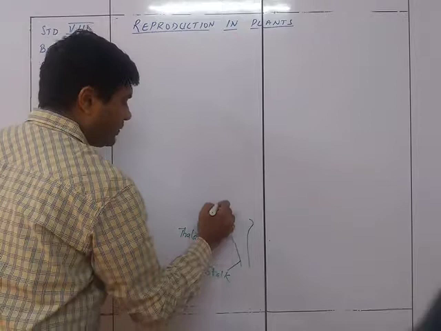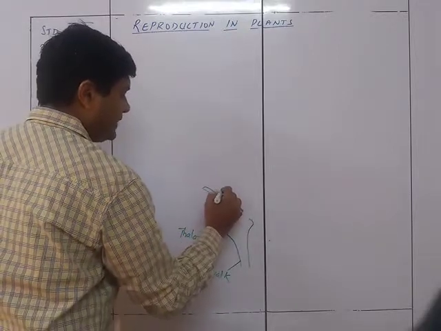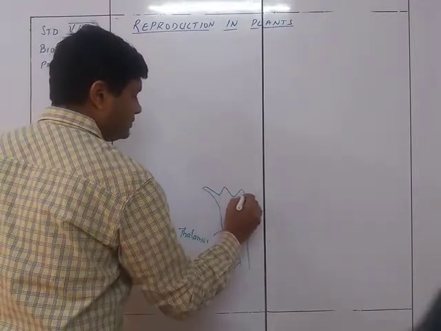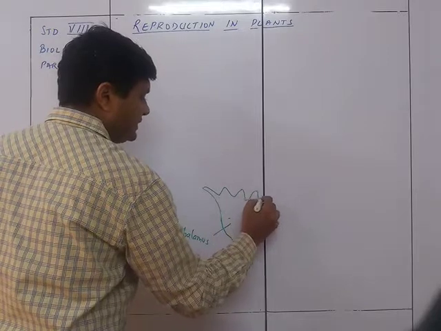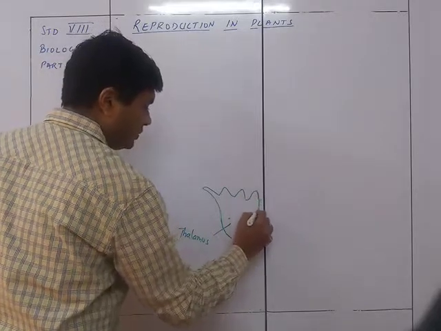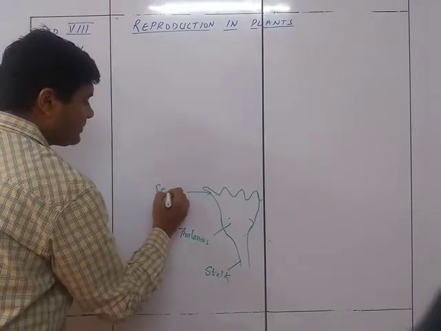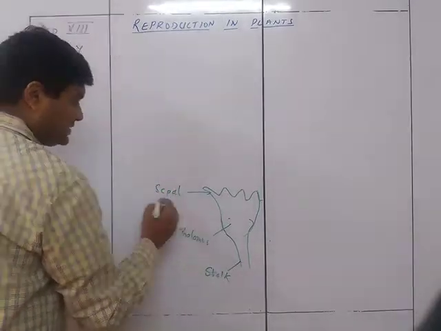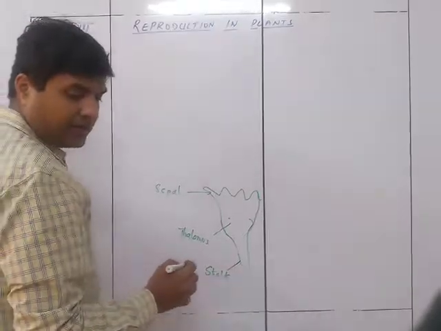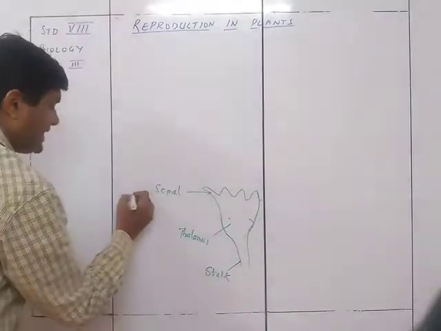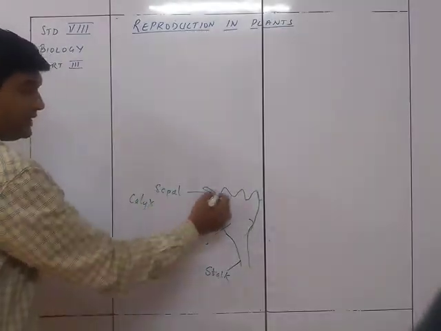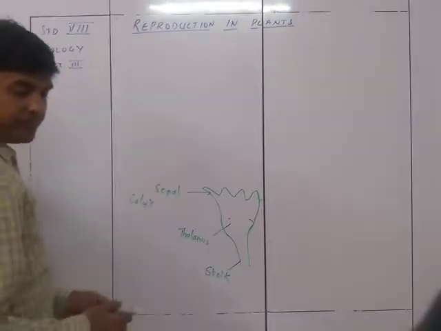And then you have such structures, which are the calyx. These are the green sepals, and they are collectively called the calyx.